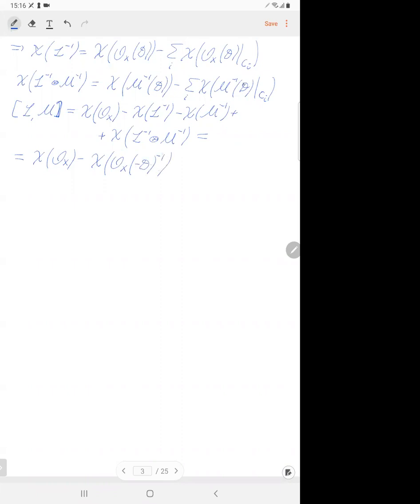It's just OX of D. Now minus chi of M inverse, plus, again I write this in some strange form, chi of M of minus D inverse, and also plus the sum of Euler characteristics of O of D restricted to Ci's minus the sum of Euler characteristics of M inverse of D also restricted to Ci.